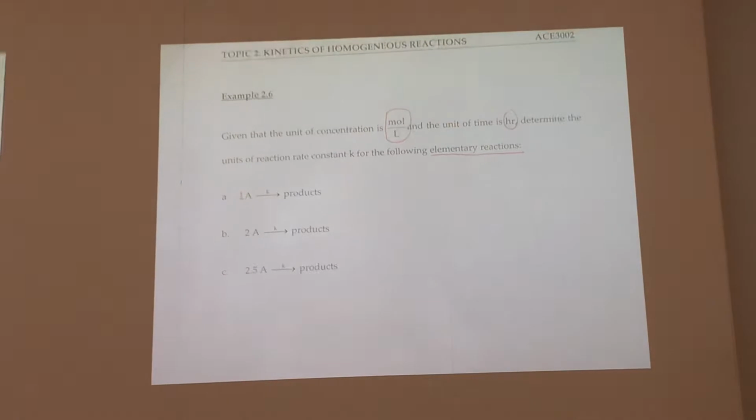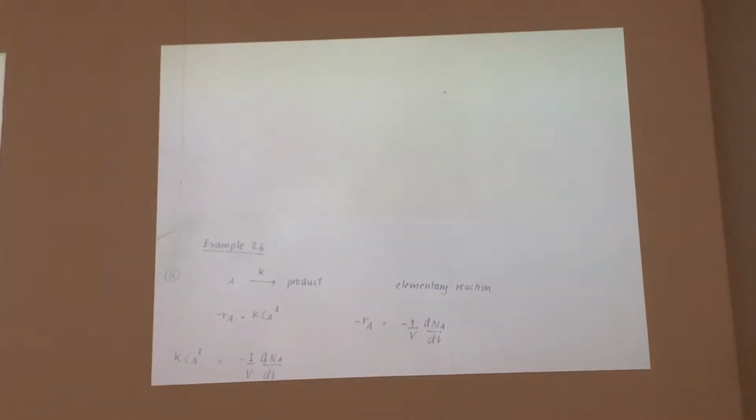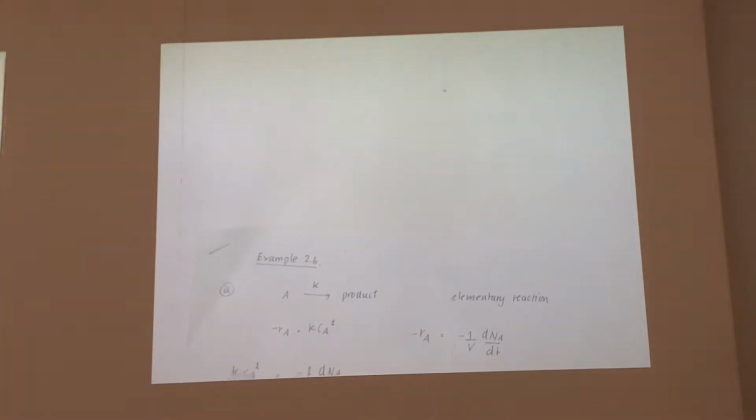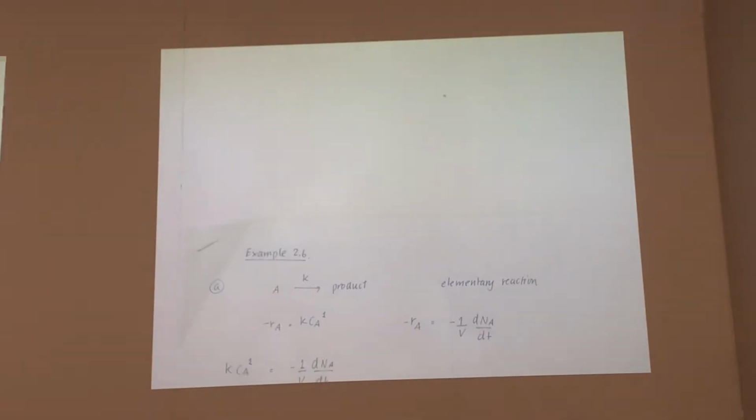So for example 2.6, I will show you one by one slowly. Let me explain first, and then I will give you enough time to copy. Is that fair enough? I want you to listen first, so you digest, at least something stays here.